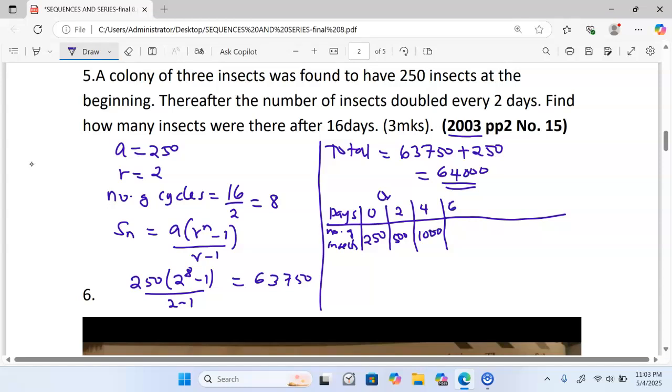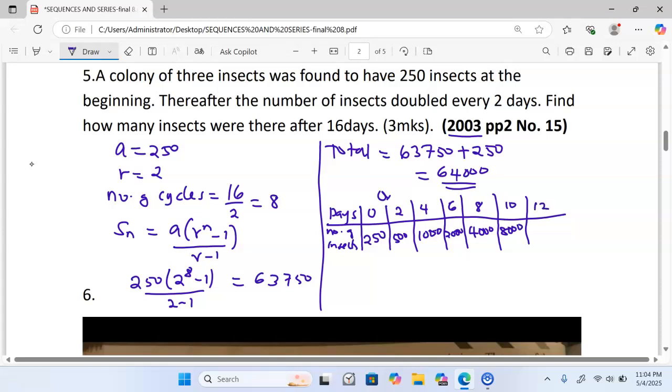And for the next 2 days, we shall be having twice, which is 2000. And for the next 2 days, again, we shall be having double, which will be 4000. Then the next 2 days, we shall be having double, that will be 8000.